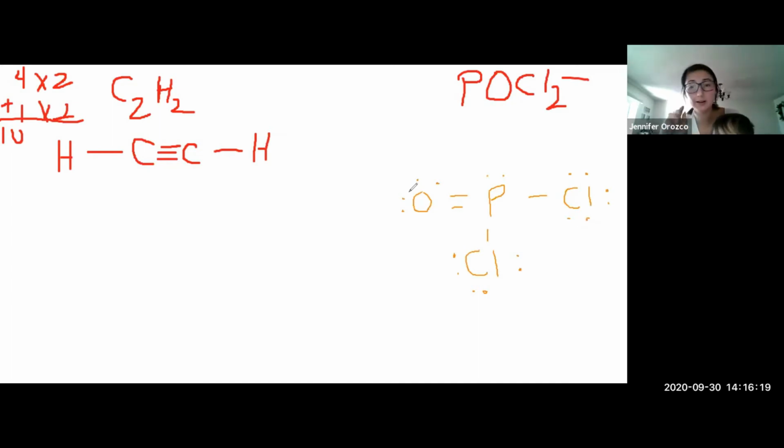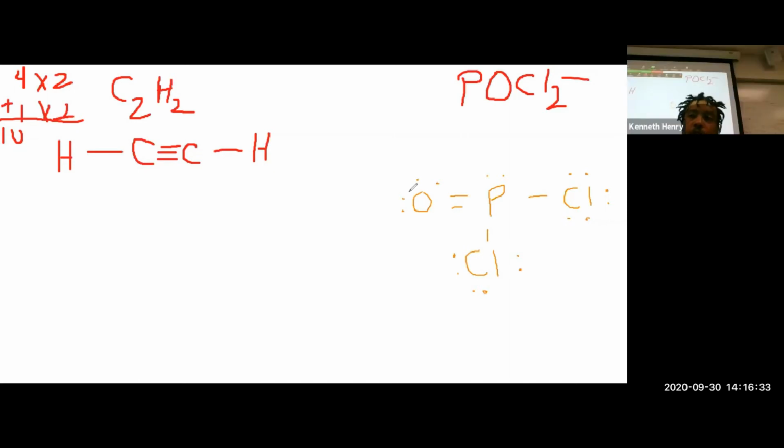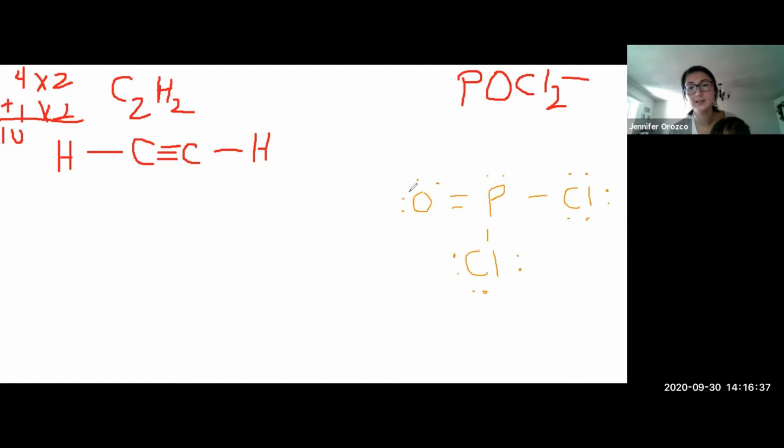And the reason why P, or phosphorus, is holding more than 8 is because it can hold a maximum of 10, from what you were telling us earlier. But if you don't have to, why would you do it? Because I can't put them anywhere else, because then all the other ones will have more than 8 valence electrons. Let's see.